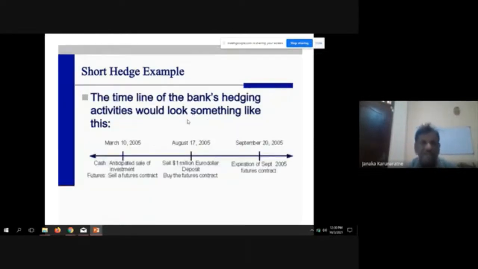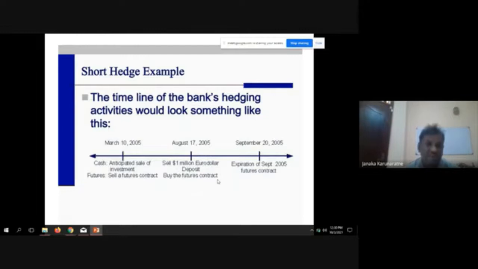Okay. So the example, anticipated sale of investment. Then you sell a futures contract today and you sell 1 million euro dollar deposit. That means you raise deposits, but interest rate has gone up, so you have a loss.